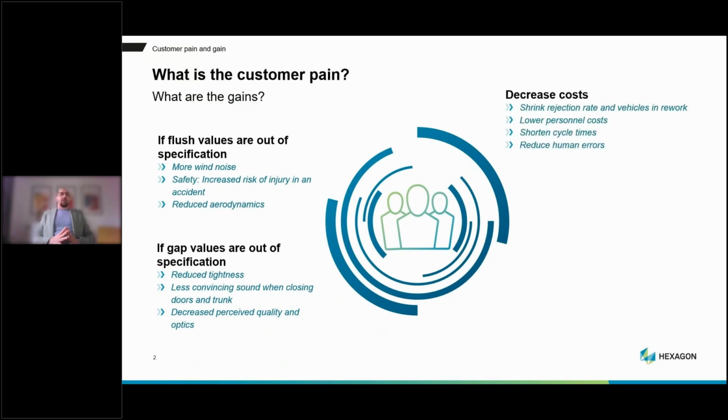So we now talked about the customer side. What about the OEM side? Why are we checking for gap and flush, and what are we trying to reach with our gap and flush checks? Of course, we want to decrease costs. We've got our nominal values that we want to reach, and we don't want to rework our vehicles. So what's our goal? We want to shrink rejection rates and vehicles in rework.